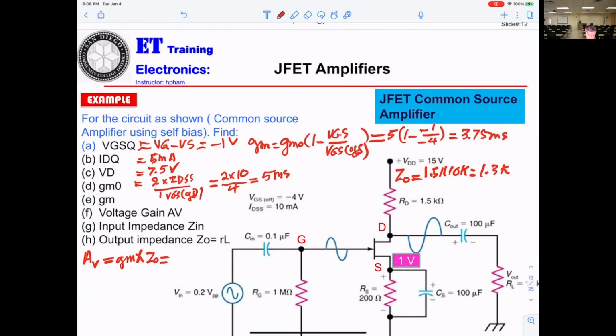All right, so GM will be 3.75 times 1.3K. I get 4.875.